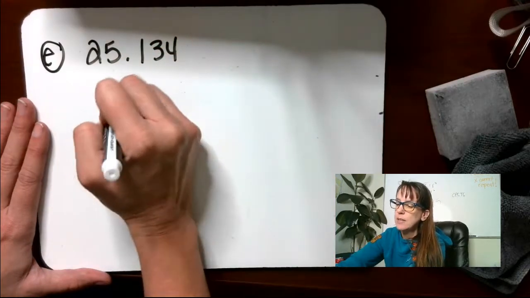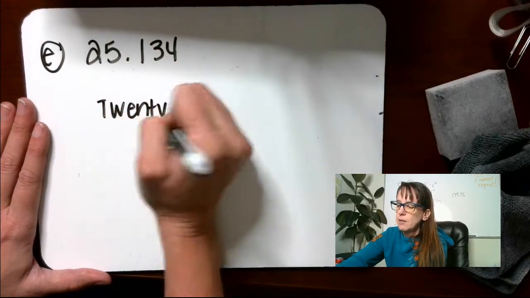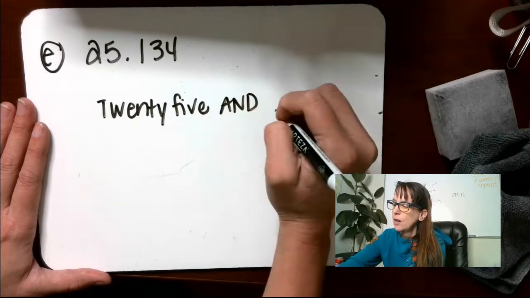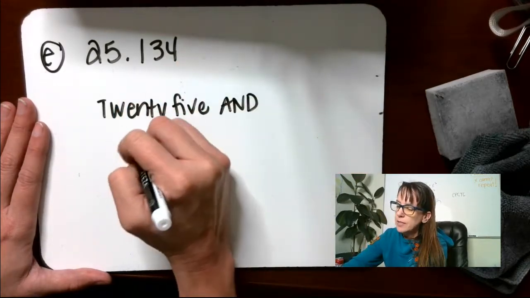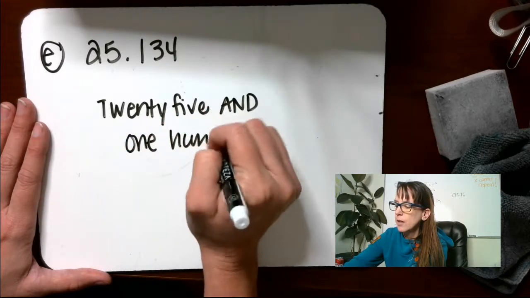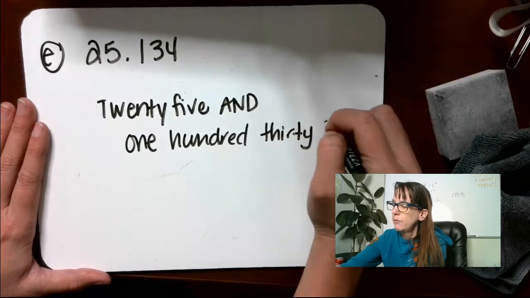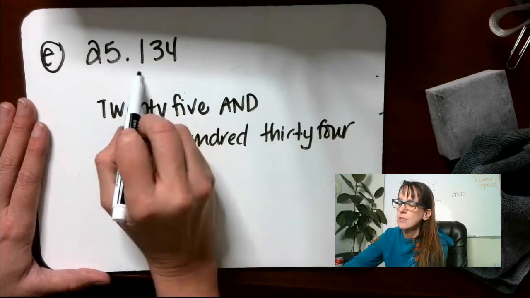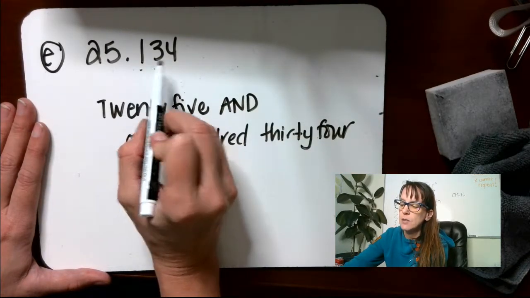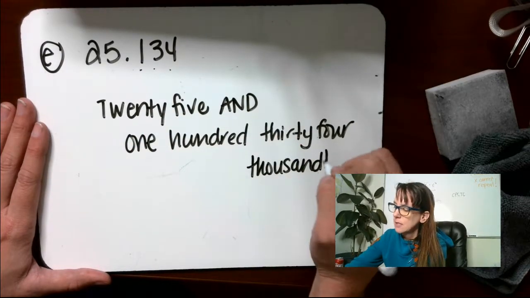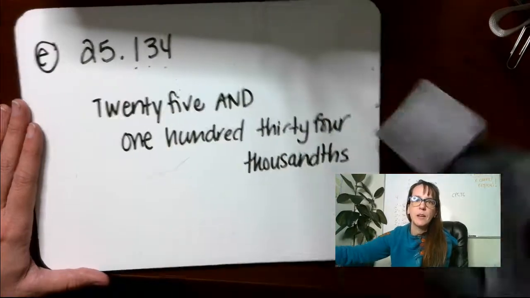So this would be 25 and 134, and that's tens, hundreds, thousands, 34 thousandths, just like that.